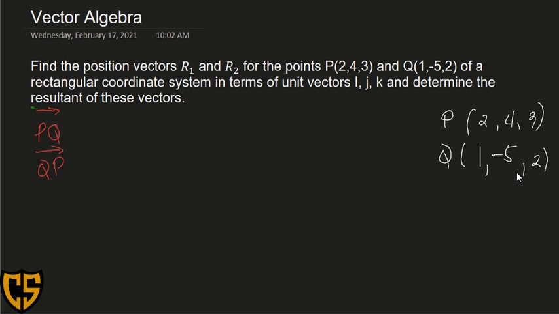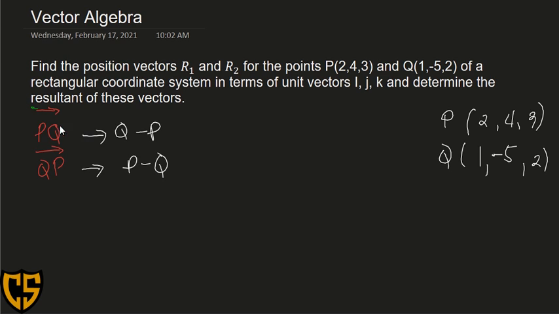Okay, if we are going to solve P pakadto sa Q, mag-answer sini kung anong pinaka-last nga letter ang munang una. So we have P to Q, that will be Q minus P. This one, halin sa Q pakadto sa P, will be P minus Q. So let's start with our solution.